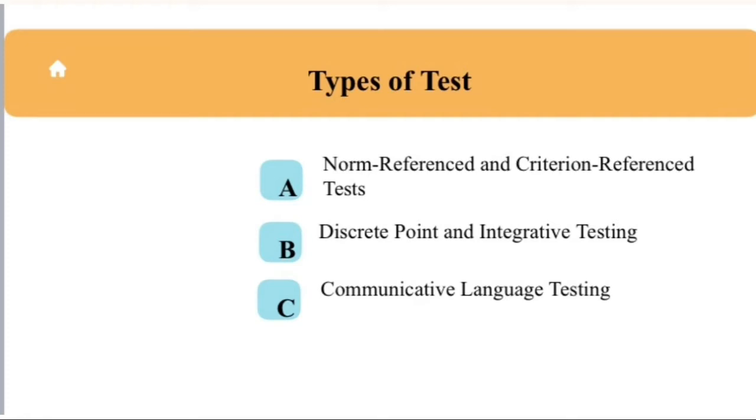The last is communicative language testing. By the middle of the 1980s, the language testing field had abandoned arguments about the unitary trait hypothesis and had begun to focus on designing communicative language testing tasks.